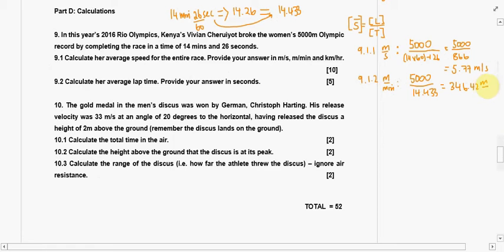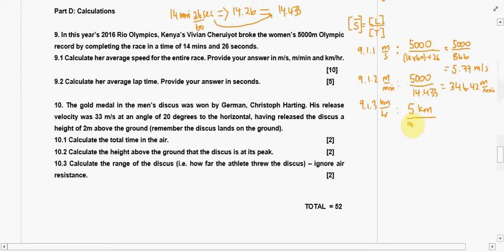346.42 meters per minute. And then the last one, 9.1.3, is kilometers per hour. Okay, so 5,000 meters is 5 kilometers, and 14.433 minutes is how many hours?